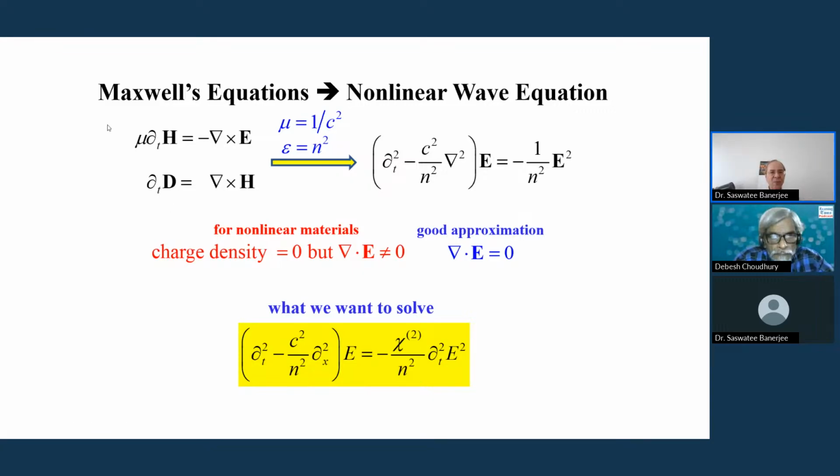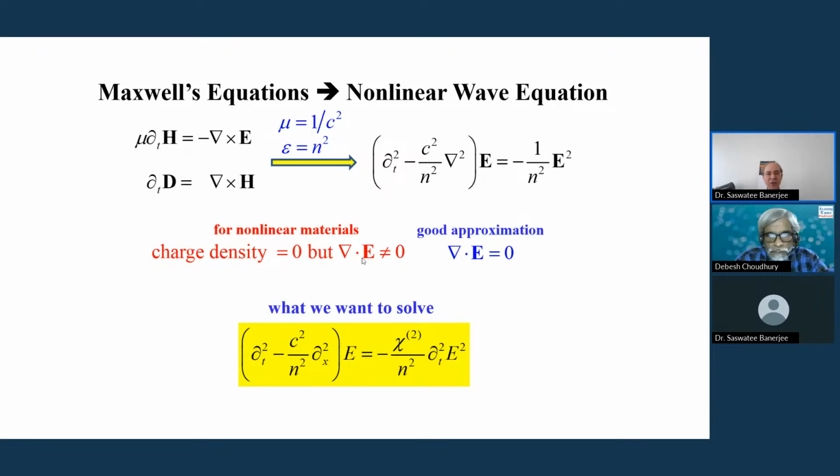I'd like to remind you, you might say there are 4 Maxwell's equations. One of them governs the divergence of the magnetic fields, and that is automatically covered as a result of the first Maxwell's equation. The other equation you might remember is that the divergence of D is equal to the charge density. We're dealing with a material where there is no free charge.